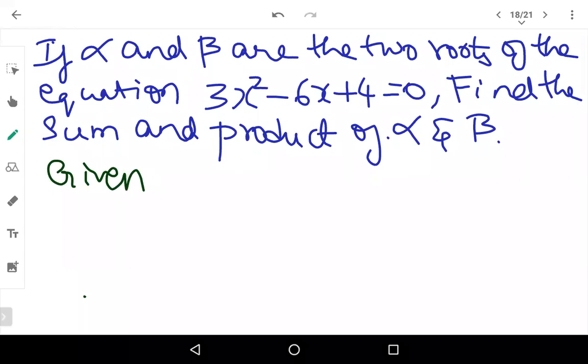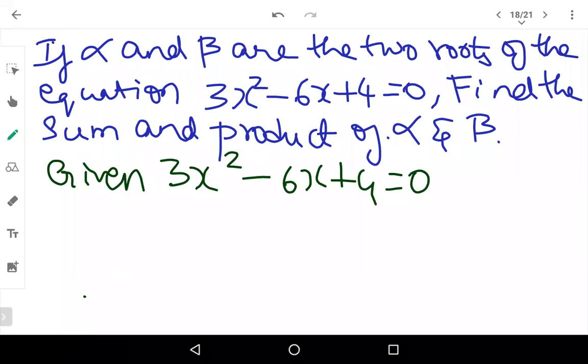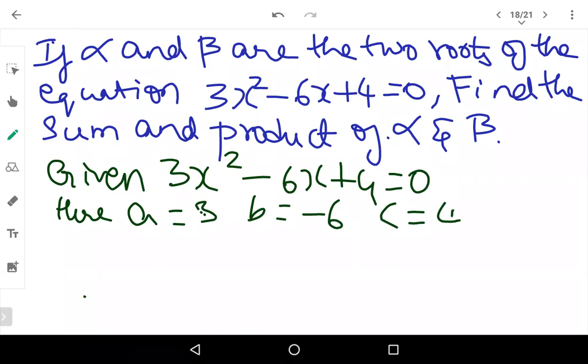Given, what is the equation? 3x square minus 6x plus 4 is equal to 0. So here a is equal to 3, b is equal to minus 6, c is equal to 4. So alpha plus beta, that is m plus n, is nothing but minus b by a.